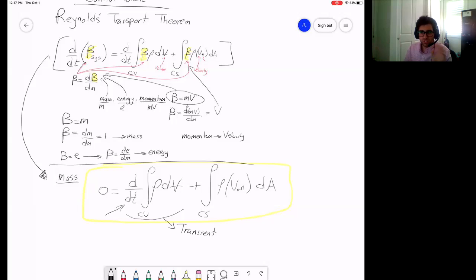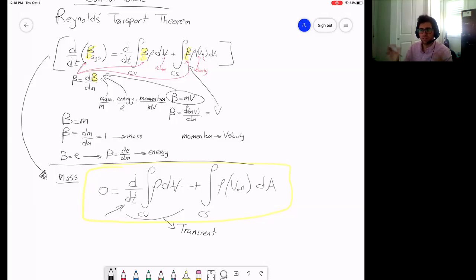But most applications in fluid mechanics and what we're dealing with in this course, mostly everything, 90% will be steady. Nothing is changing with time. If you leave the system now and come back to it 100 years from now, it will be the same. No readings will be changed. Everything is constant with respect to time.